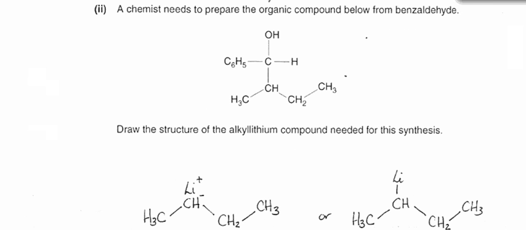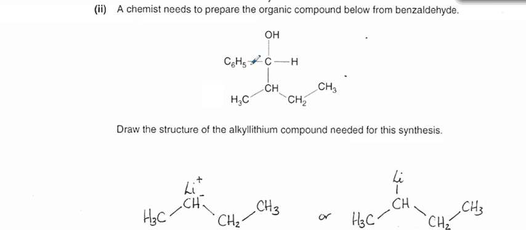In the final part of this question then, they give you a new molecule here that needs to be prepared using the same mechanism. It wants you to draw the structure of the alkyl lithium compound needed for the synthesis.